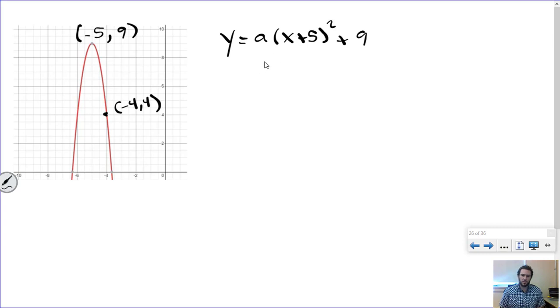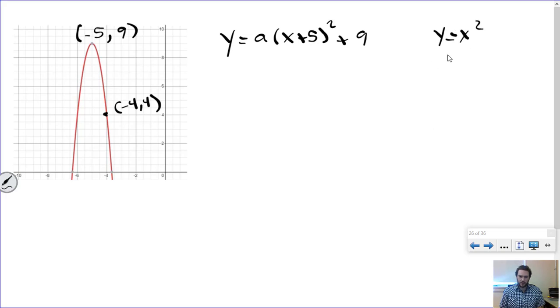So again, we talked about two strategies yesterday. Strategy number 1 is to use transformations. We're looking at the parent function y equals x squared.